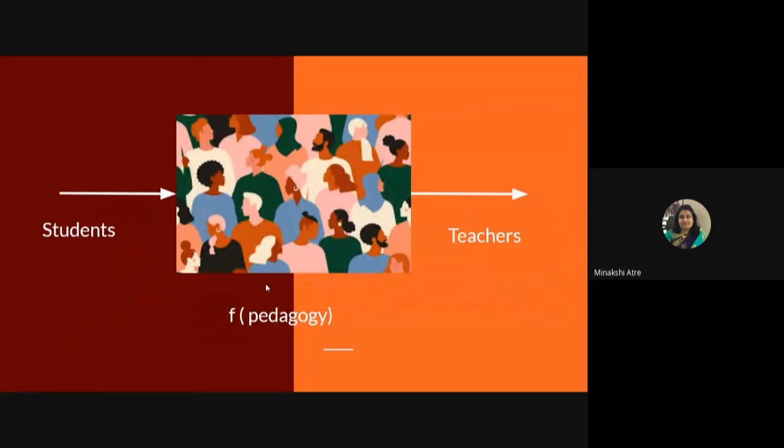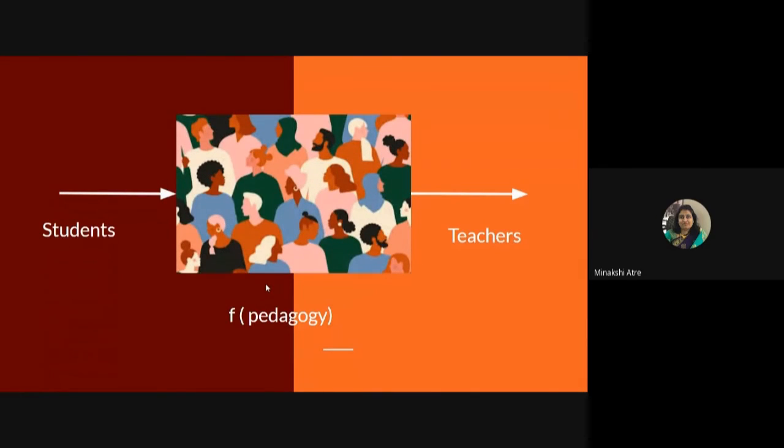Okay. So talking about the system description, I would like to give the example of the workshop, the pedagogical workshop we all are in right now. Imagine we all are the elements or the inputs for this workshop. We are like students for this workshop, and we will be converted into teachers with the pedagogy or more aspects of the pedagogical elements after this workshop. So it's like the function of the pedagogy that we are into.